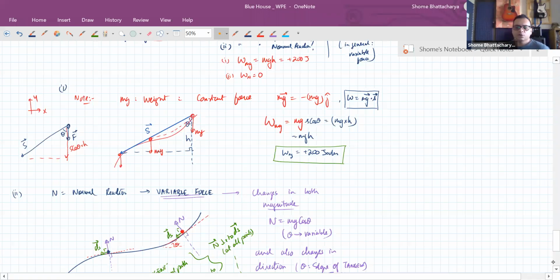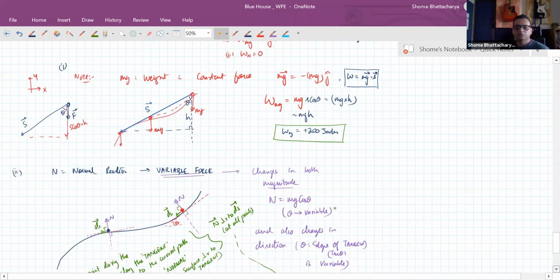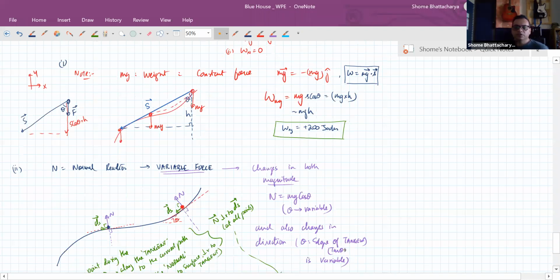Now, a lot of numerical problems can be solved by just using these concepts that we have discussed today. Work done by constant force is directly F dot S, work done by variable force is integration of F dot ds. So there will be some numerical problems which you will be solving using these concepts itself. Yeah, you can solve some of the questions. I will send you those.